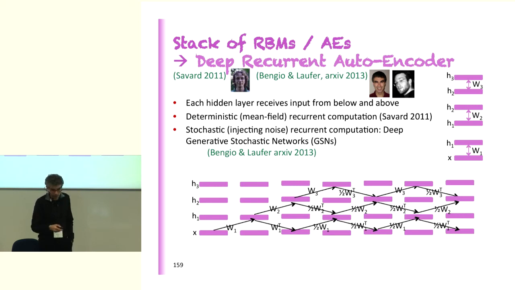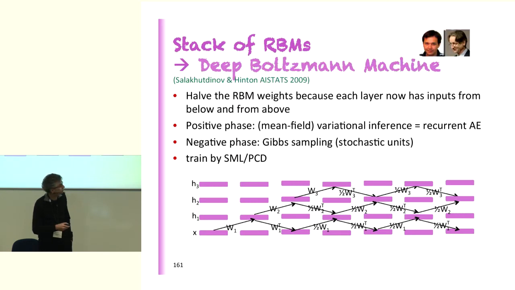And it's the same architecture that you find in the Boltzmann machine, where instead of sending deterministic quantities, you send bits that have been flipped according to the sigmoidal probabilities corresponding to each hidden unit. But it's the same architecture.